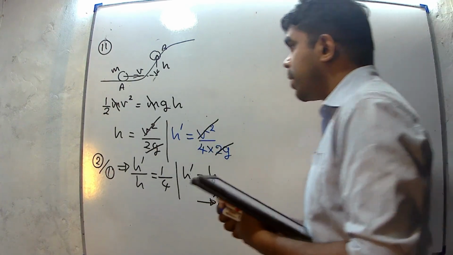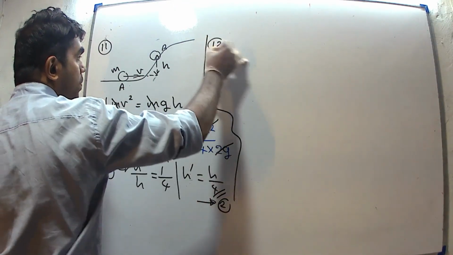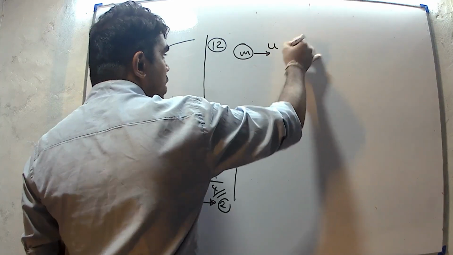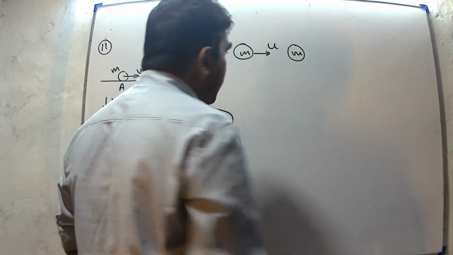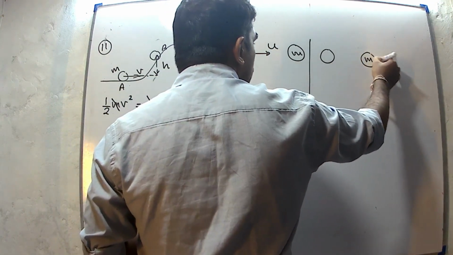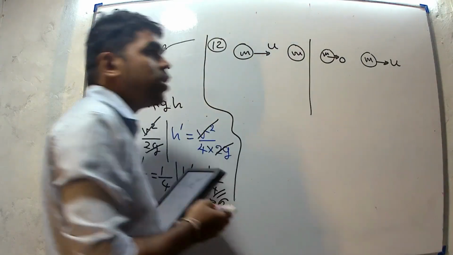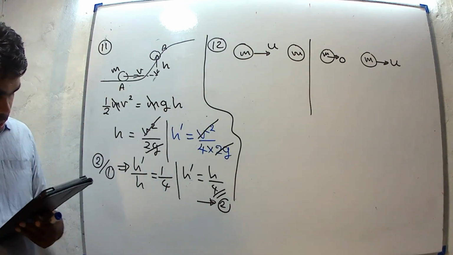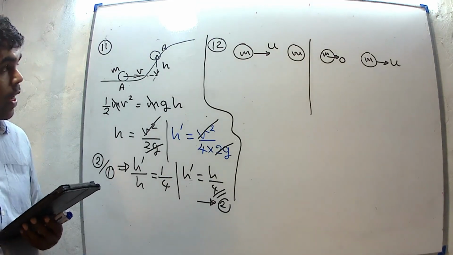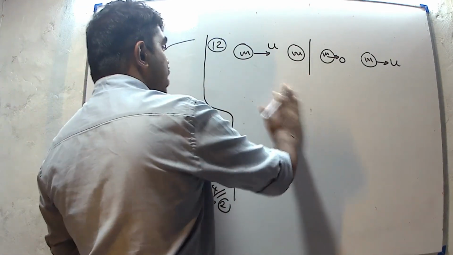When considering the collision between two identical objects, we have to remember that if the velocity of the first object is u before the collision, after the collision the velocity of the second object should be u, and the first object should be at rest. Then the velocity of the first object is 0 and the velocity of the second object is u in the positive x direction. Answer is 1 for question number 12.